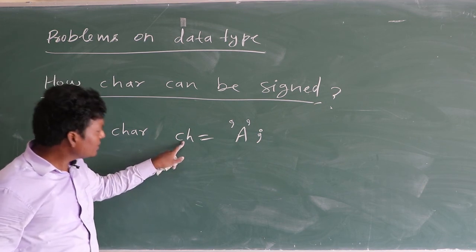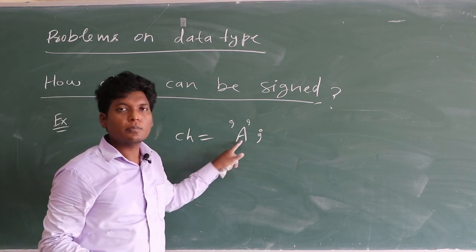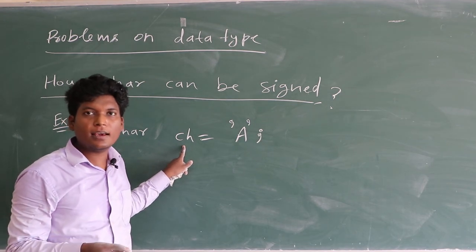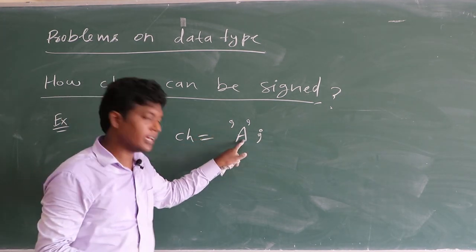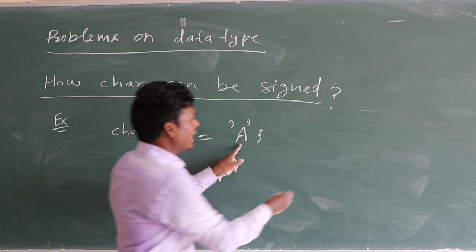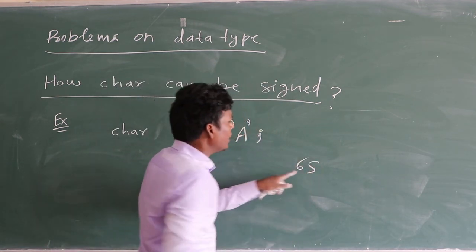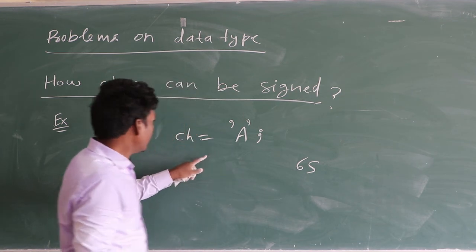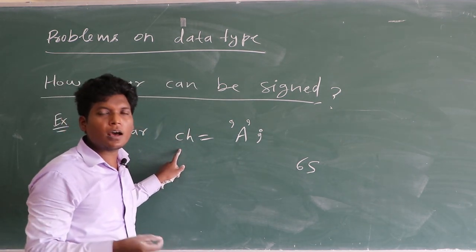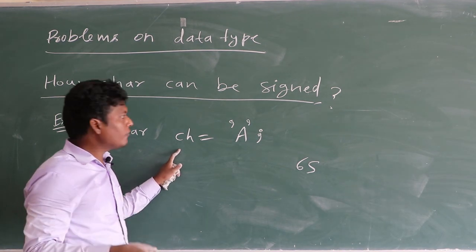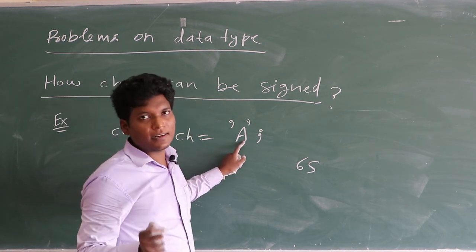Here ch is not holding the 'a'. Basically ch is holding the binary equivalent of the ASCII number of this 'a'. So this 'a' has ASCII number 65. Its binary number is assigned to ch. ch is basically holding the binary number of the ASCII value of a particular character.